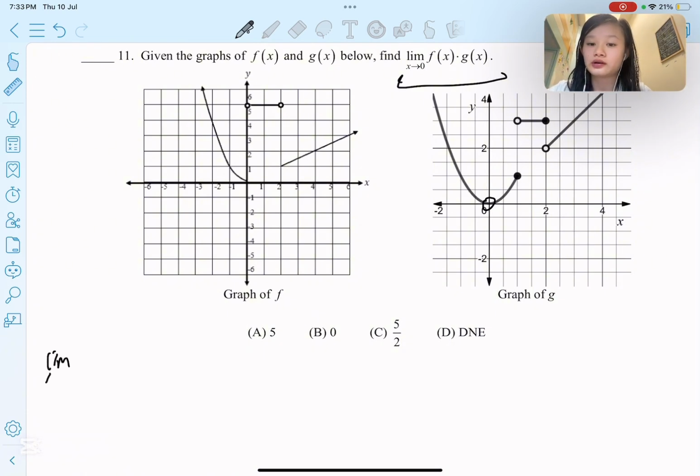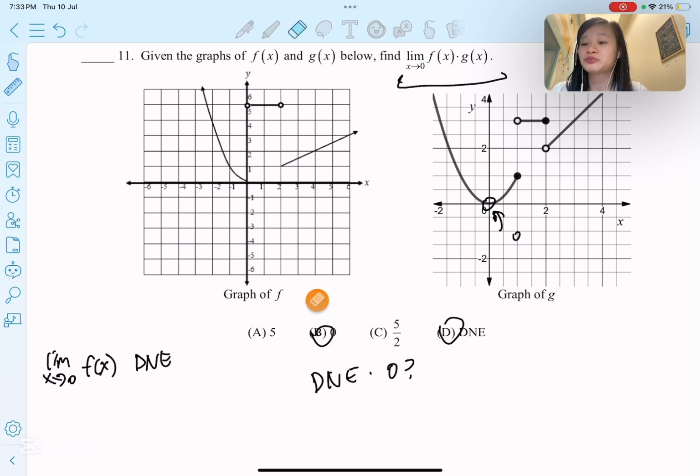Limit as x approaches 0 of f of x is equal to, well, it doesn't exist, right? Because you have 0 here and then you have 5 here. So technically it does not exist, but if you see here, this does exist, right? Oh, I marked it. Oops. I marked it here. So this does exist, this becomes 0. So you beg the question, what does not exist multiplied by 0? Is it D or is it B?